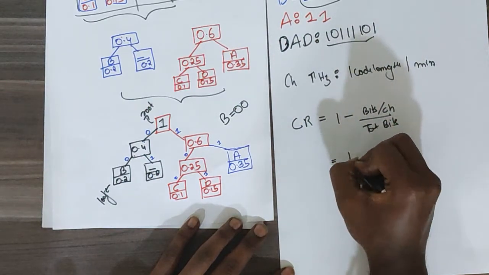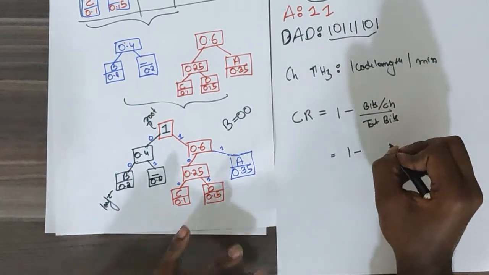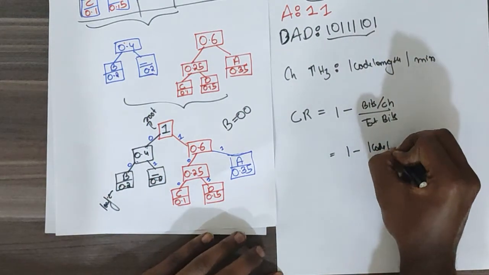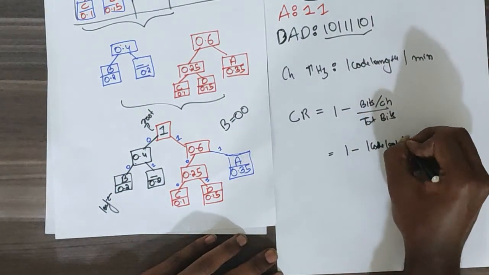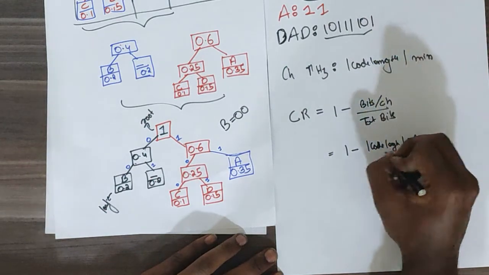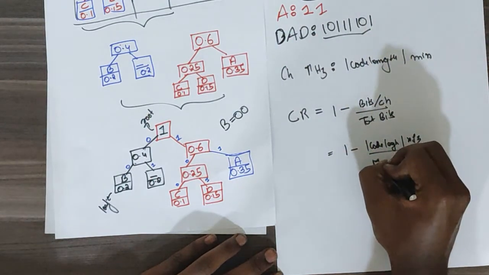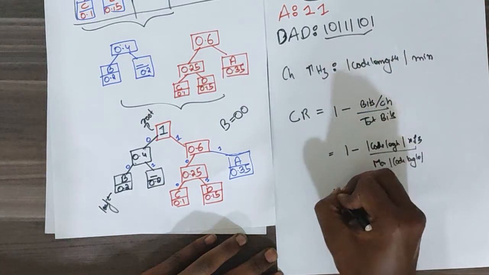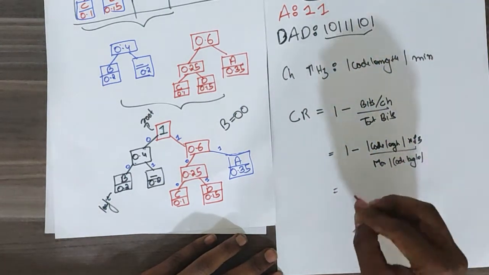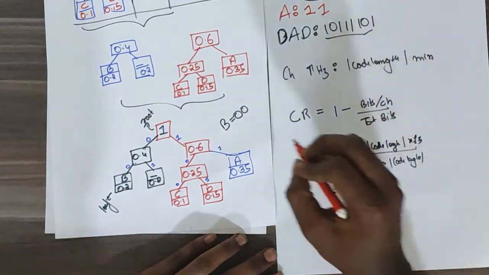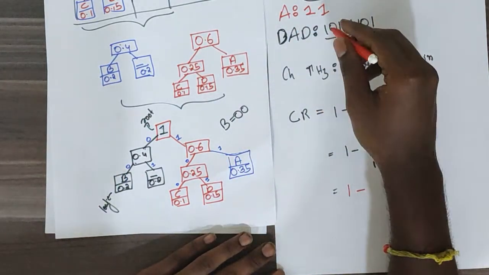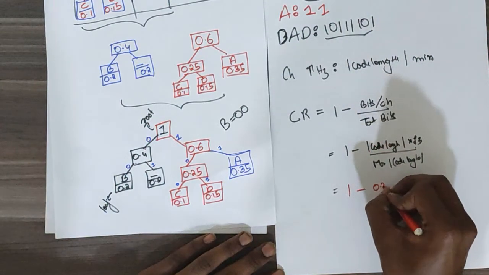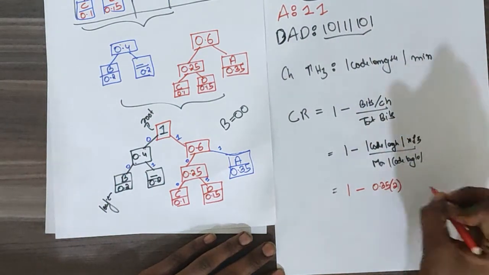So here, 1 minus the code length into frequency divided by max code length. So we can write it as 1 minus, code length into frequency. For example, here A has 2. What it means is A has frequency 0.35 and it has length 2.